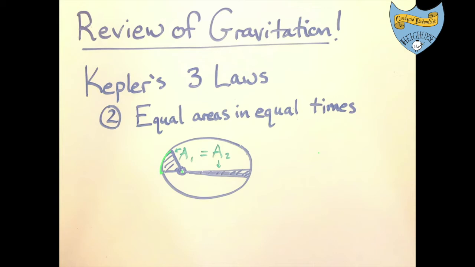Okay, so what, Kepler? That's neat, but what does this mean? Well, it turns out what it means is that planets don't move at a constant speed when they're going through an elliptical orbit. When a planet is closest to the sun, it's moving fastest, so that's perihelion, and when it's furthest away at aphelion, then it's going the slowest.